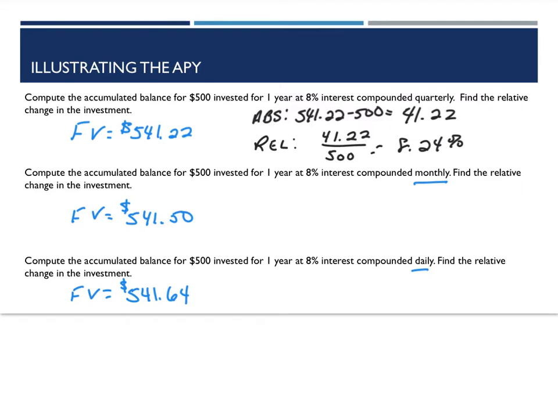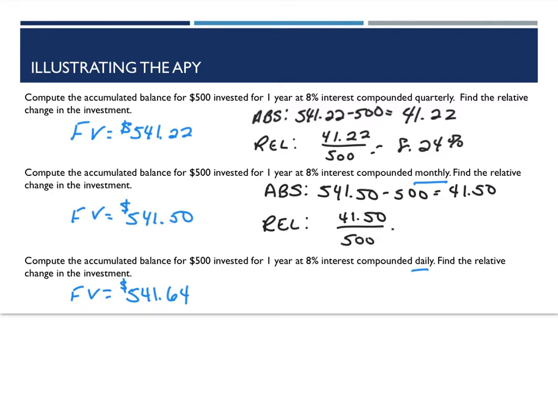Alright, the relative change for monthly compounding, if we do the absolute, we get 41.50 divided by the 500, which gives us 8.3% as the relative change.